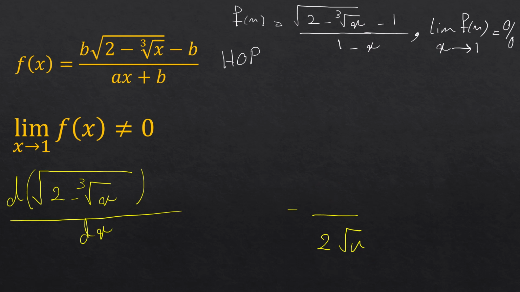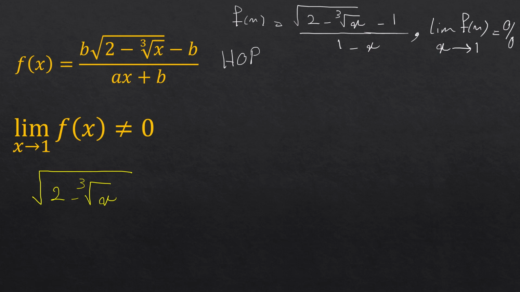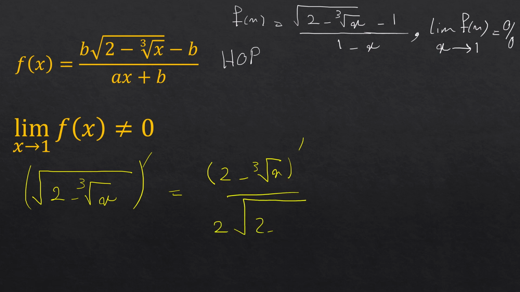If I apply the rule here, maybe I can just use the prime symbol for differentiation. Then this would be equal to the differentiation of 2 minus third root of x, divided by 2 times the square root of 2 minus third root of x.